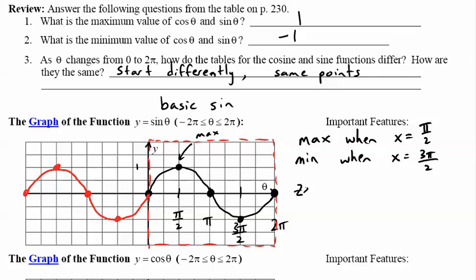And the zeros are at 0, pi, and 2 pi. And you could add 2 pi to each of these answers. So there's another minimum at negative pi over 2. There's another maximum at negative 3 pi over 2. And there's more zeros at negative pi, negative 2 pi. Okay, so this repeats every 360 degrees, or every 2 pi.